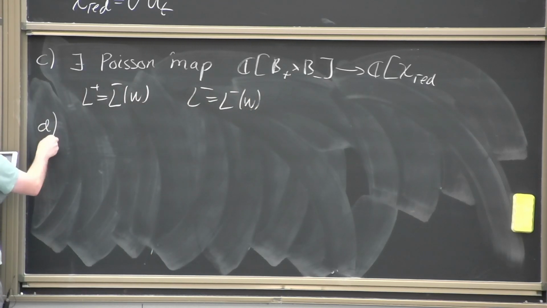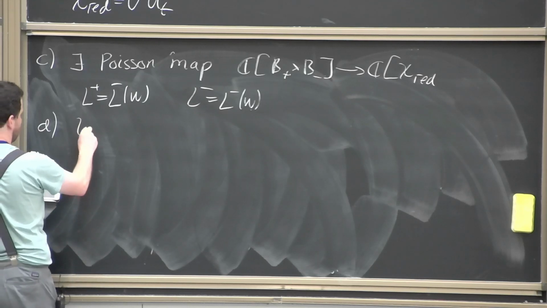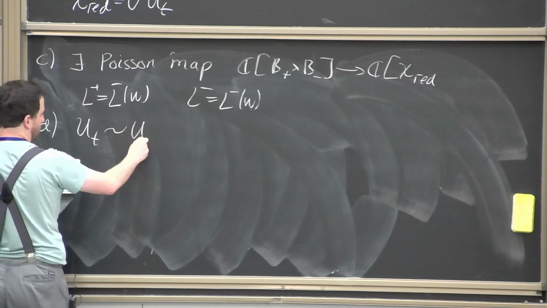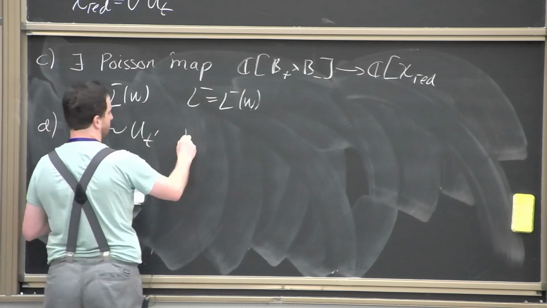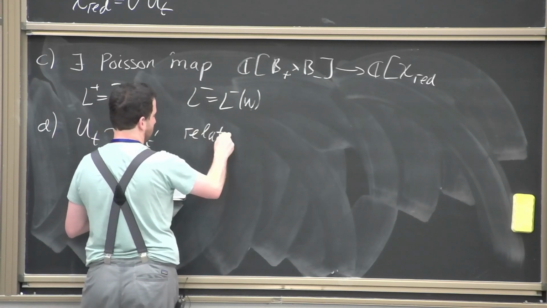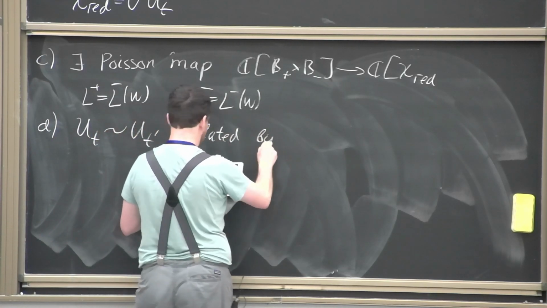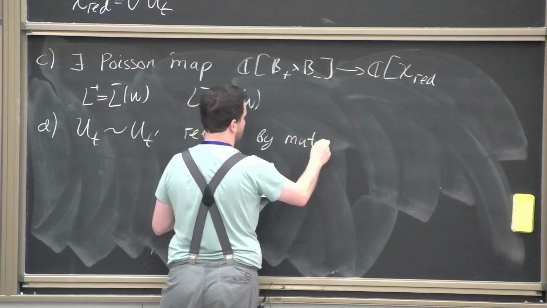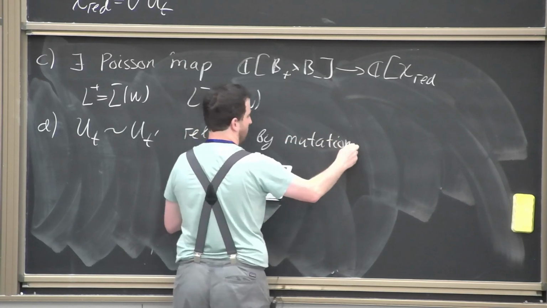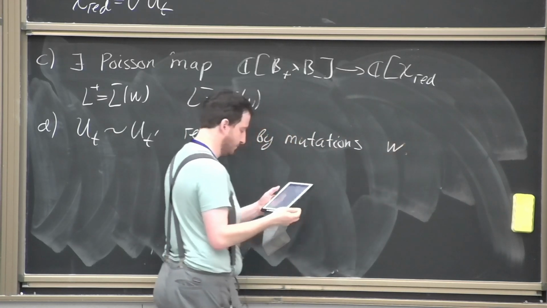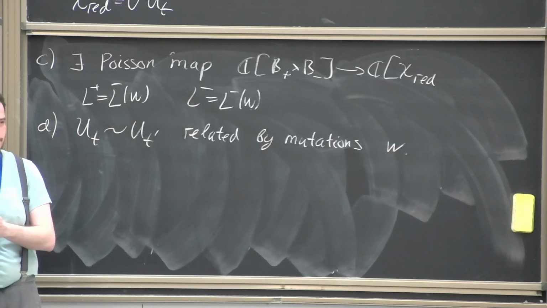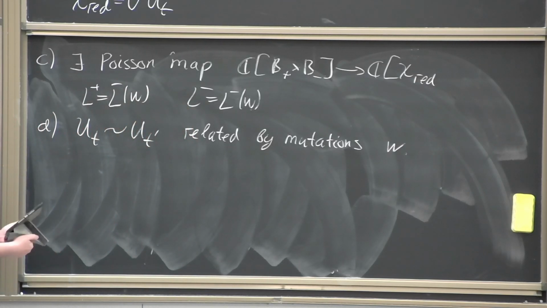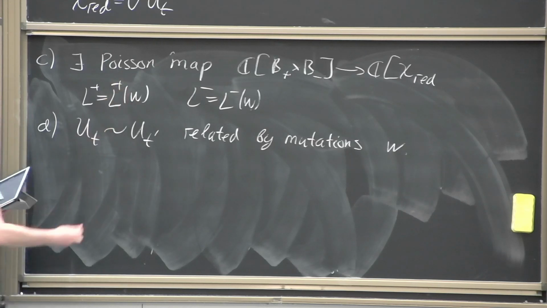And D, the good news, is the last: any two charts, U_T and U_T', are related by mutations in these new coordinates W.